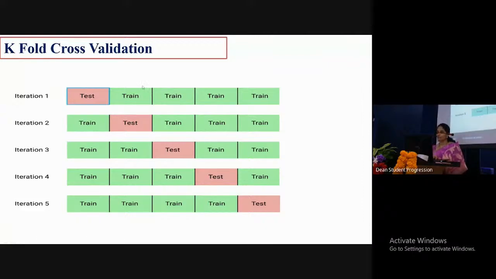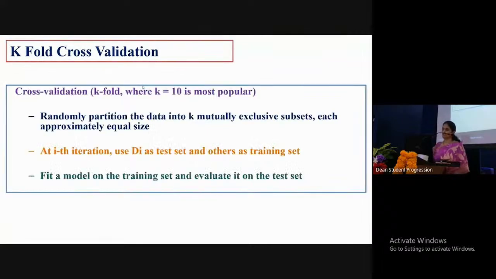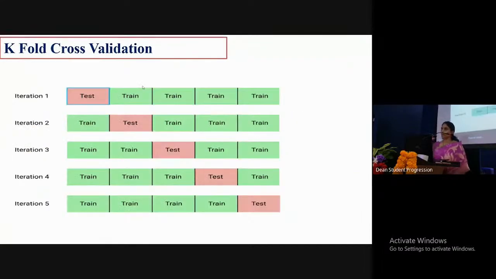Now I apply the same KNN algorithm, taking the first four portions for training purposes. Whatever model I build, I use that model on the test data with various values of k.